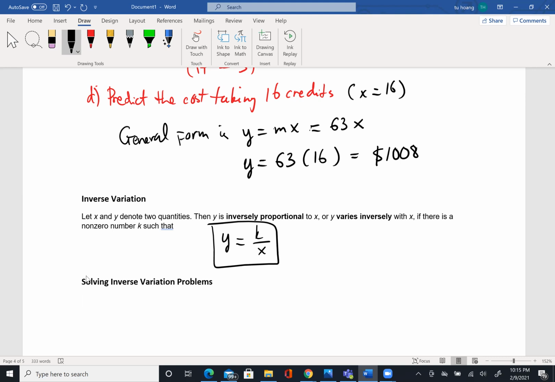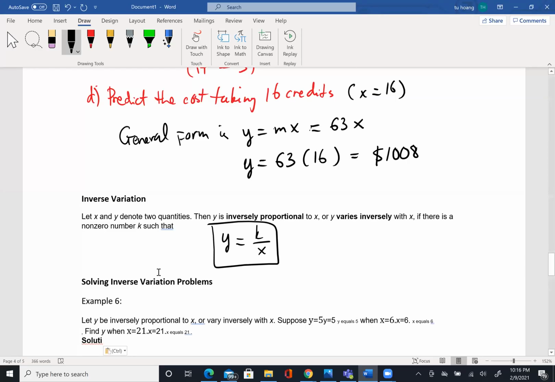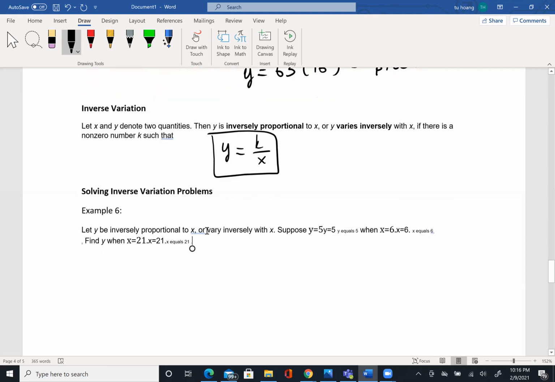Let's have an example. Example 6. Let y be inversely proportional to x, or vary inversely with x.